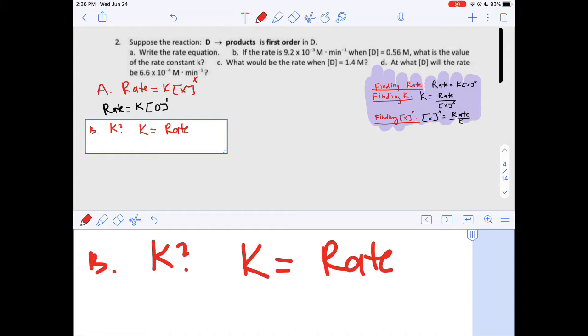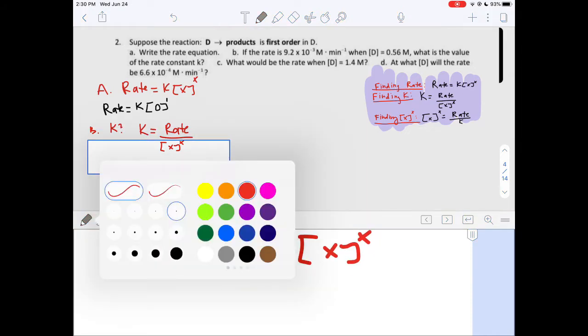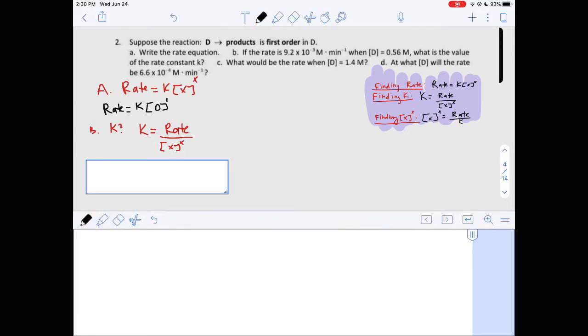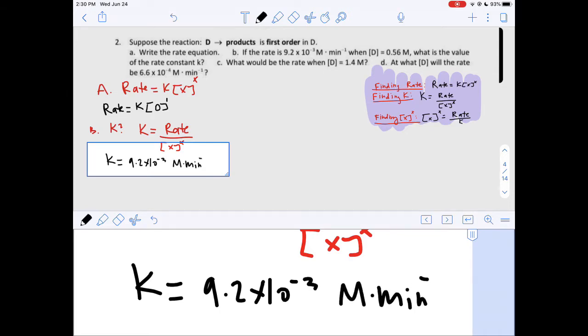So it's rate divided by the concentration of whatever element or compound you have the concentration of. So we know the rate is 9.2 times 10 to the negative 3, with the weird unit because they give it to us.